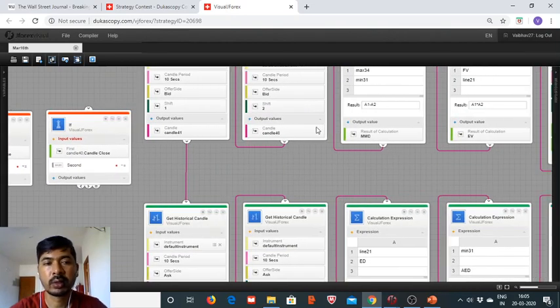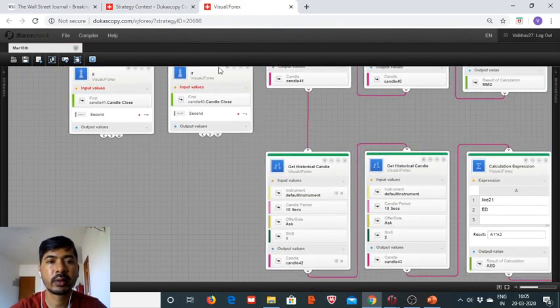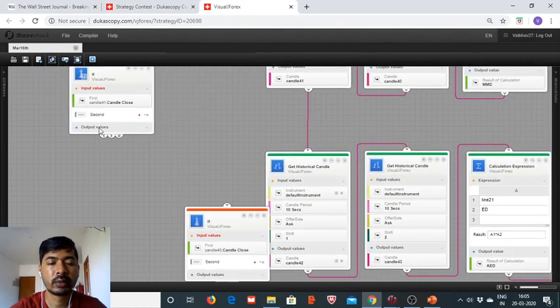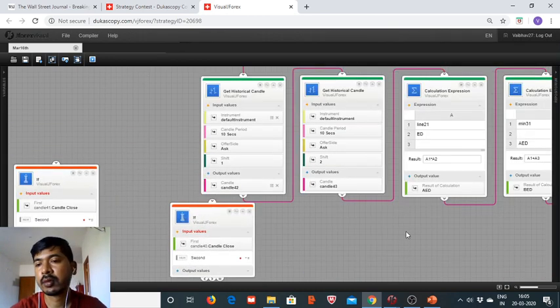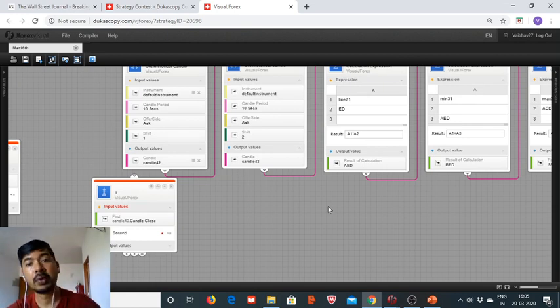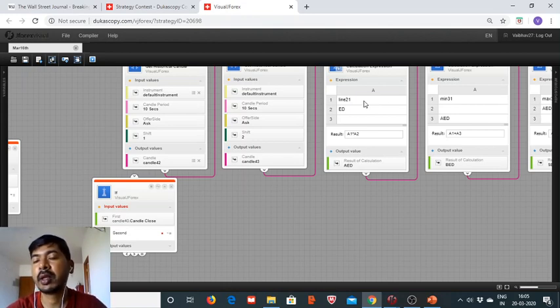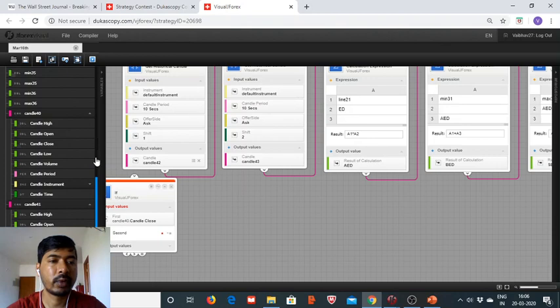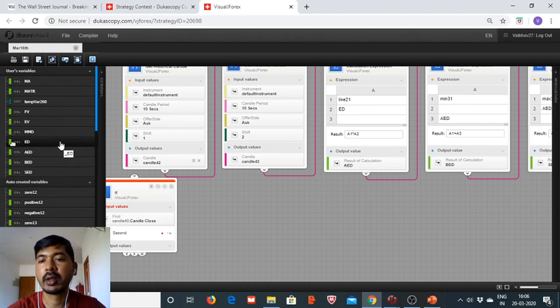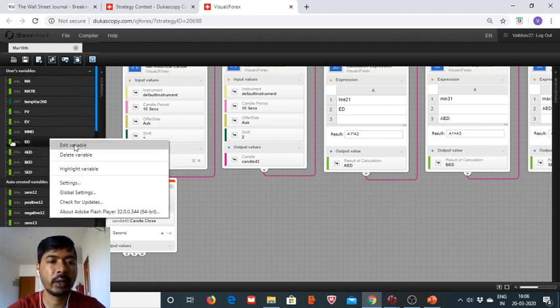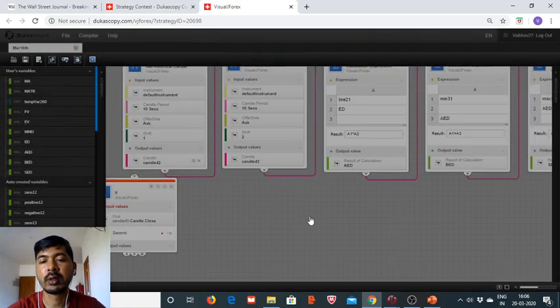Let us check for that. So this is it. Here we have multiplied the ATR, line 21 is ATR for yesterday, by 0.2. Let me show you the variable's value. User's variable, and the BED has been defined at 0.2, 20% of the ATR.